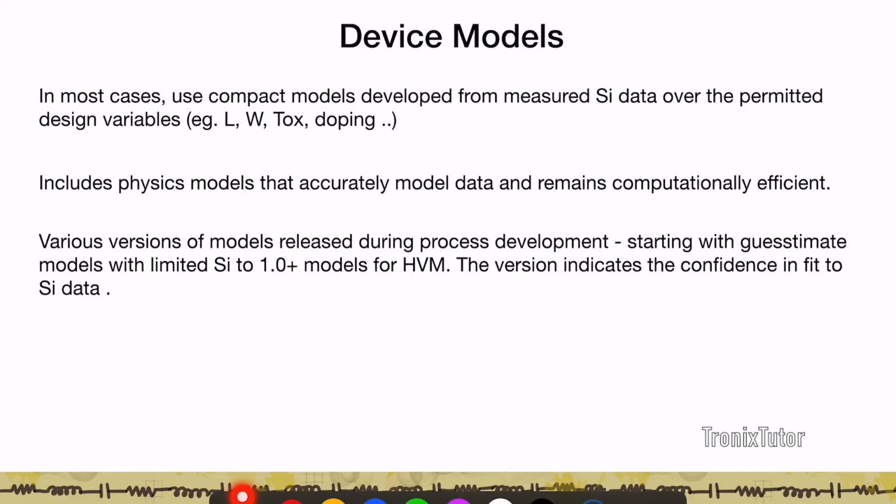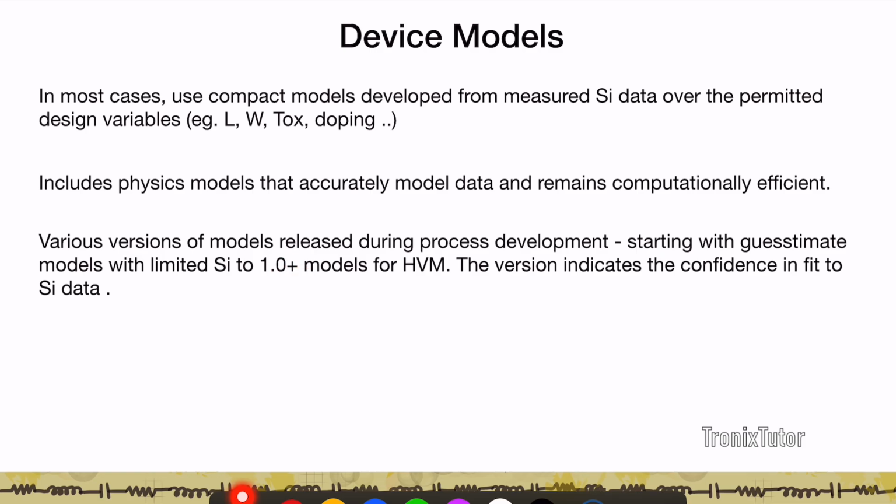And as I mentioned, these model versions change, if you will. So as you start the technology, if you're an early adopter of a technology with the foundry, you're going to be given models with limited silicon data. And so therefore, the foundry tells you that they have limited confidence in them. And as the foundry learns with more silicon on that particular technology, it improves the models.